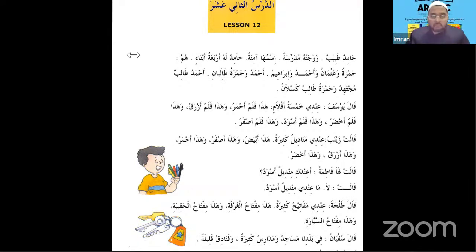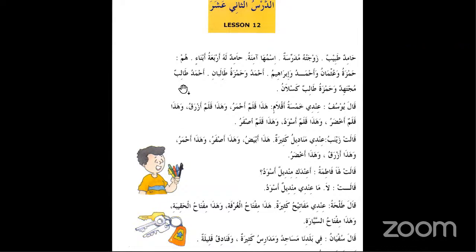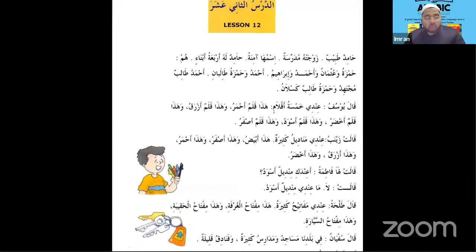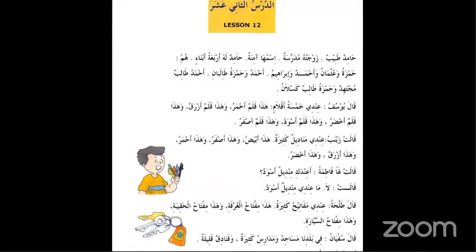Exactly. Sheikh, quick question: I know mujtahidun is the adjective, but is it also part of the predicate? Yes, it is. The subject is only Hamidun, and then talibun mujtahidun is the whole predicate, right? Yep, that's right. Okay, thank you.